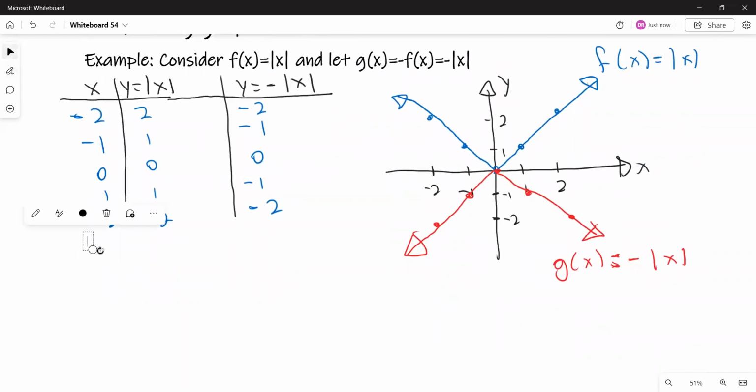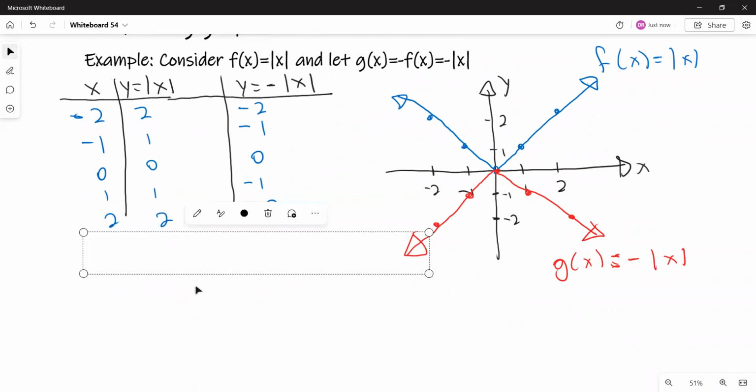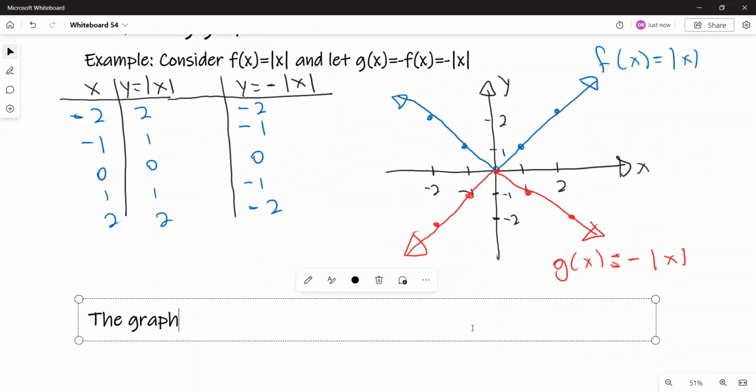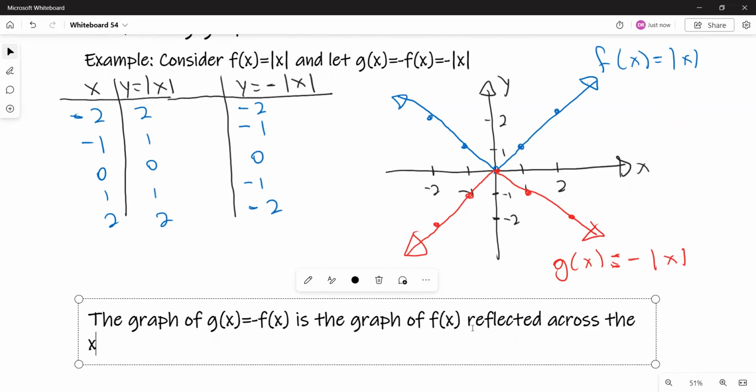So the important observation here is that the graph of g of x, defined as the opposite of f of x, is the graph of f of x not shifted, but reflected across the x-axis.